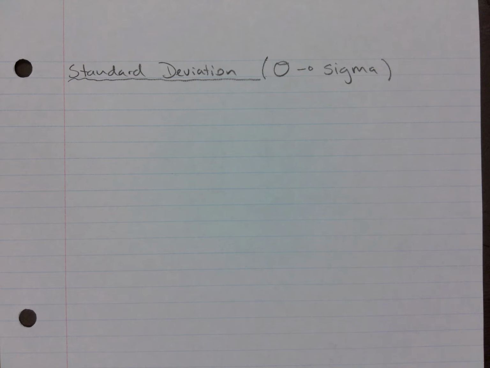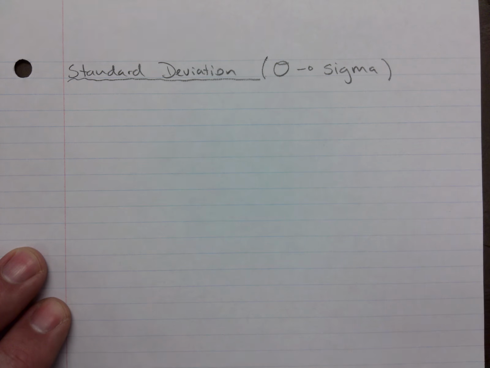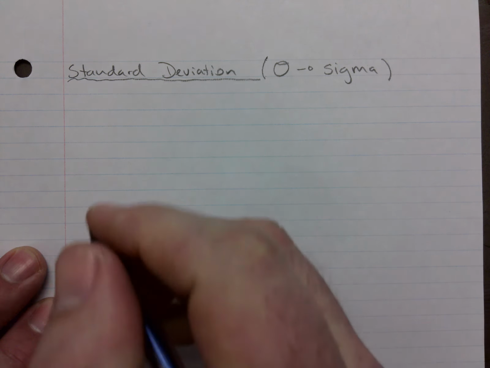So standard deviation is the standard way of measuring how far away from the mean, from the average, data points are going to be located, right? And so that's what we're going to talk about. It is very much connected to the range. The standard deviation and the range go hand in hand, okay? You can talk about both of them and arrive at the same conclusion, okay?